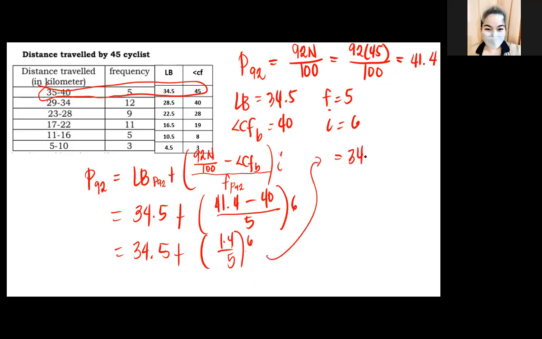So that's 34.5 plus 1.68. So our P sub 92 is 36.18. Okay, so our answer is 36.18. That will be our P sub 92.